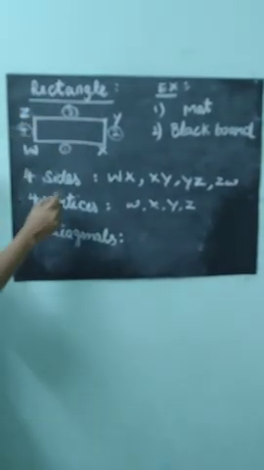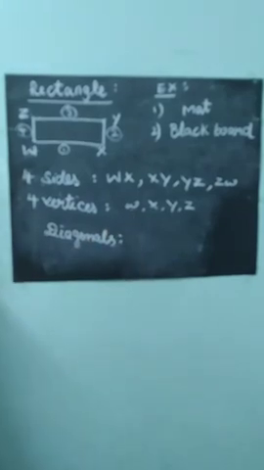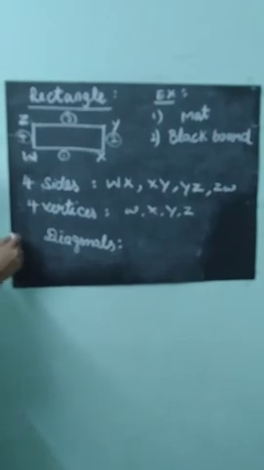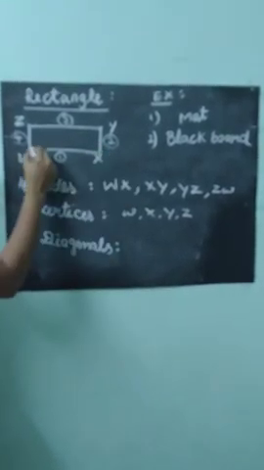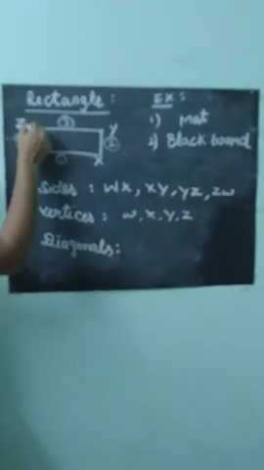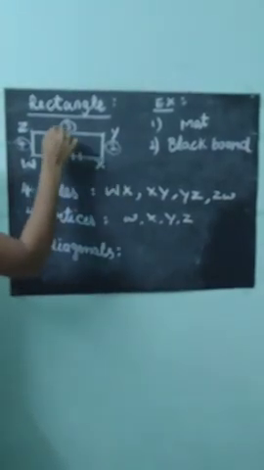But in a rectangle only opposite sides are equal. That means WX is equal to YZ. These two are equal and these two sides are equal. Now diagonals. How many diagonals are there?